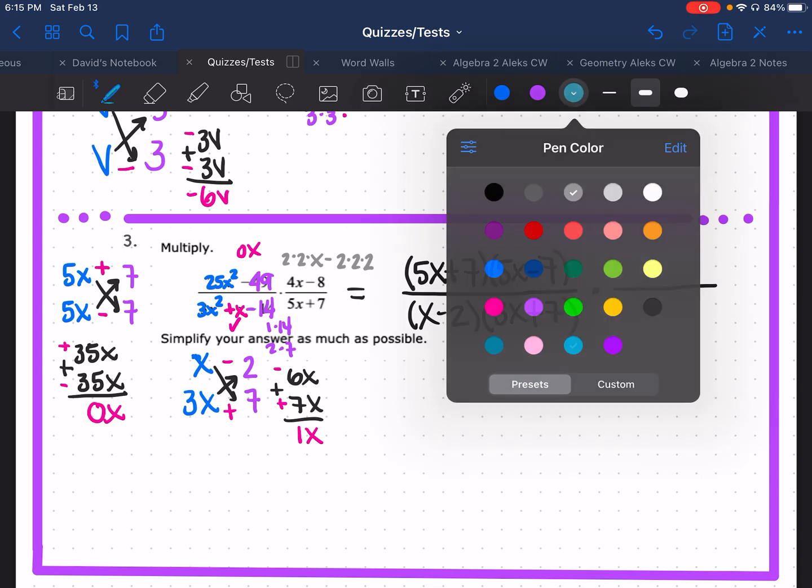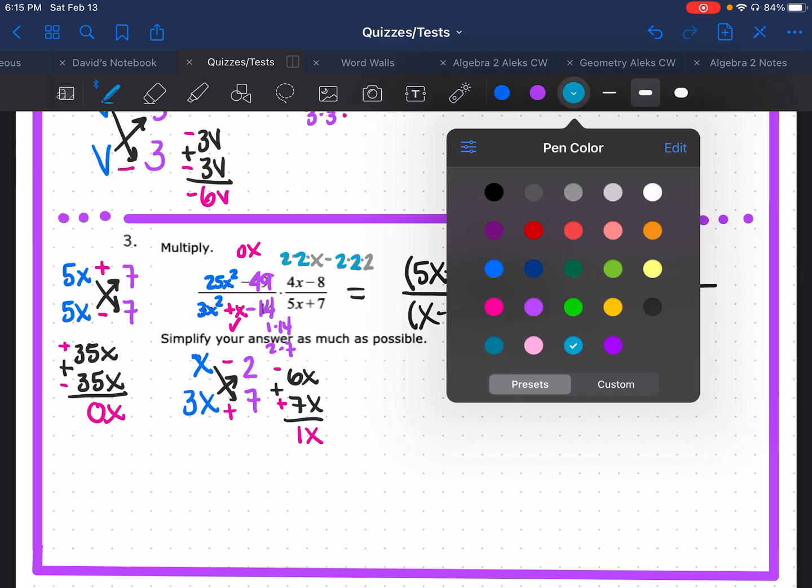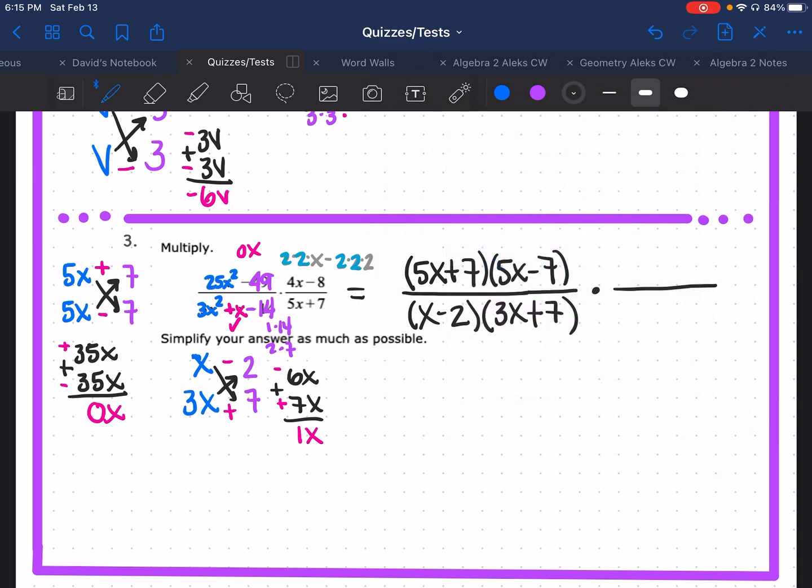So I'm going to think, what do they have in common? Well, a 2 and a 2, and a second 2 and a second 2. Here is my GCF. I can go ahead and take out 2 times 2, which is 4, and then what's left here with the first factor is just my x, minus, because that's what it had, and what's left here is the 2.